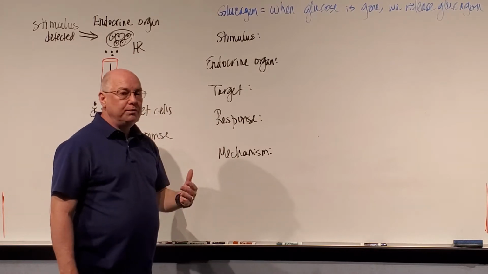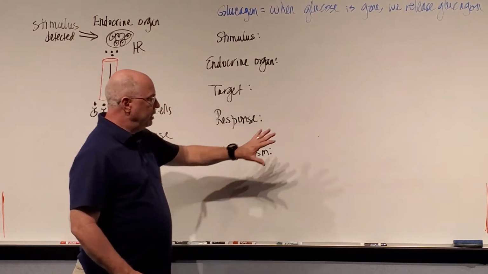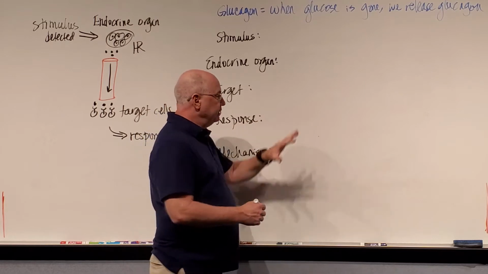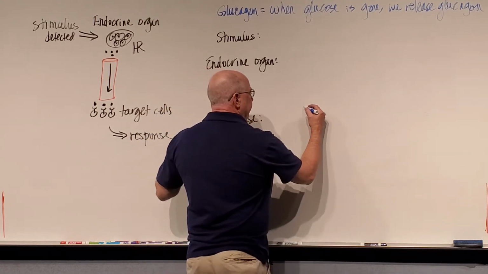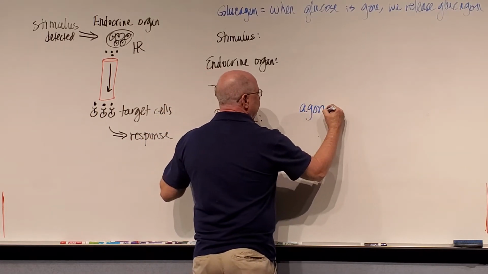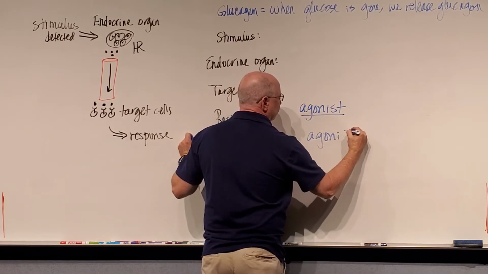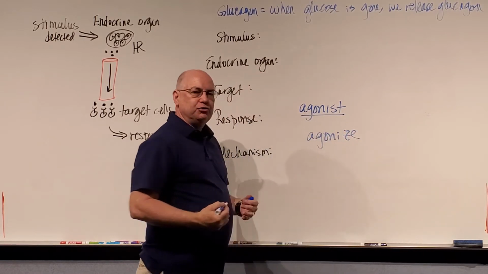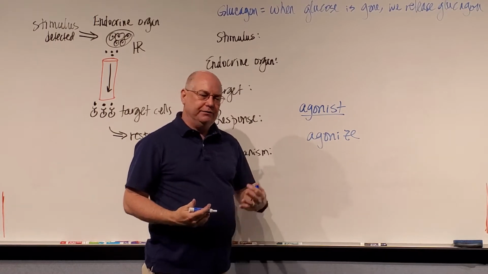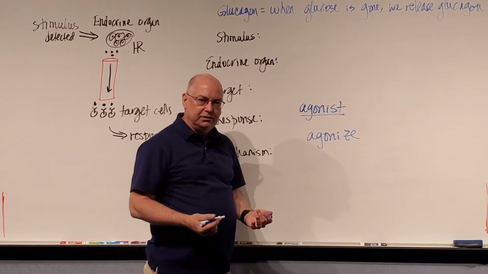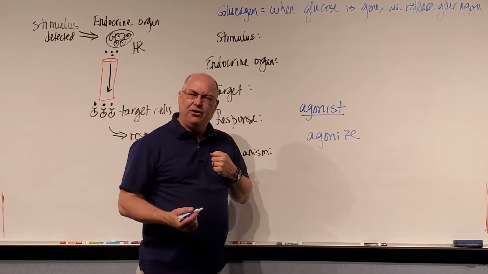Now this hormone is going to be called an agonist. There's this word, an agonist. It comes from the word to agonize. To agonize with someone means that you feel their pain. If you see your child very, very upset, it hurts your heart.